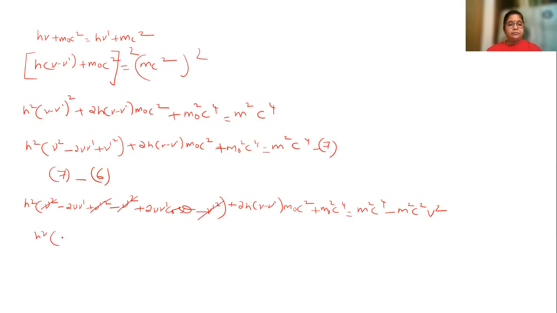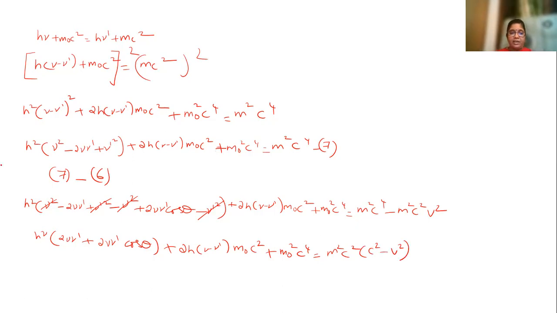h square 2 nu nu dash plus 2 nu dash cos theta plus 2h nu minus nu dash m naught c square plus m naught square c power 4 is equal to m square c square is common, and you can write c square minus v square. And I'm just making a tiny modification in this equation.